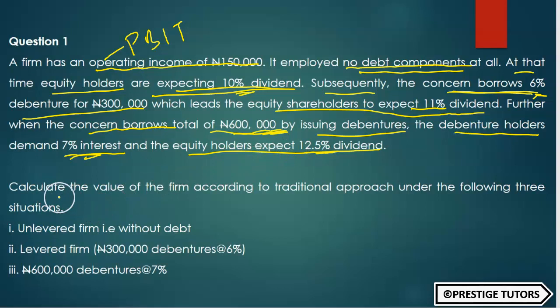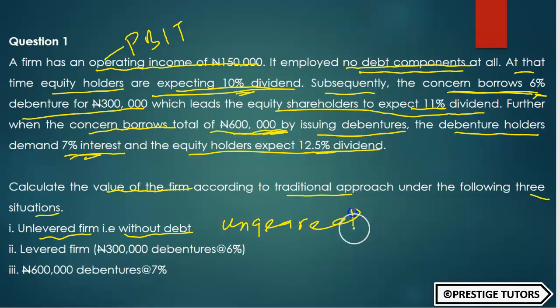Now, the question says, calculate the value of the firm according to the traditional approach under these three conditions. The first one, unlevered. Unlevered means firm without debt, or we can say ungeared.